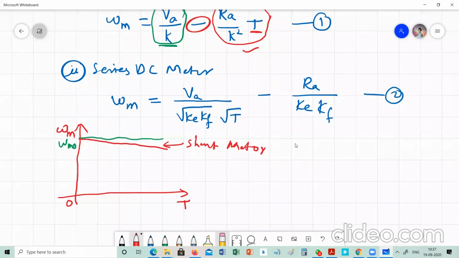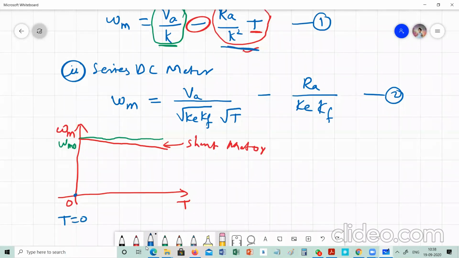Ideally the curve must be like the green part, but actually it is like the red part, because as the load torque increases, the speed drops. At this point, the torque is 0, which means in equation 1 the second term is going to be 0.